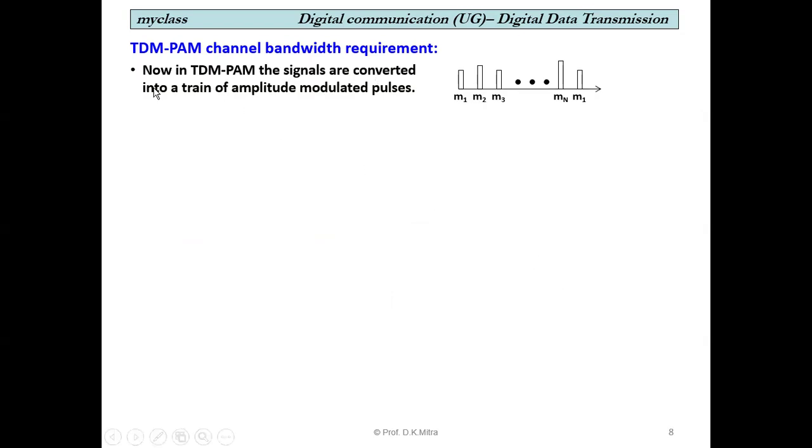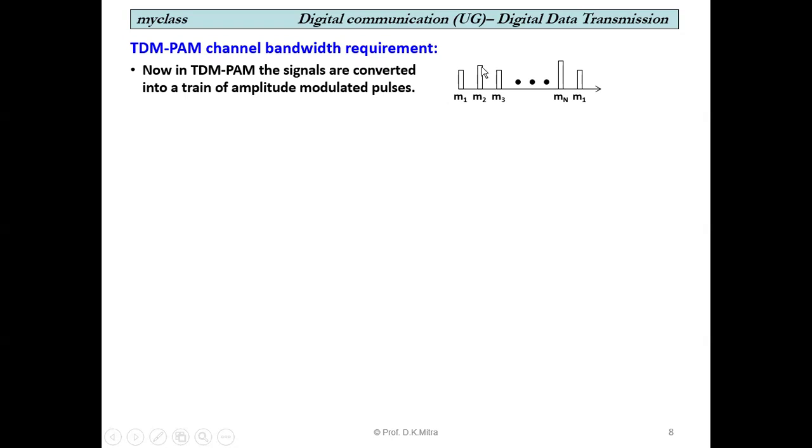Here the signals are converted to a train of amplitude pulses. The channel is carrying an M1 signal pulse, and then another pulse of the M1 signal.